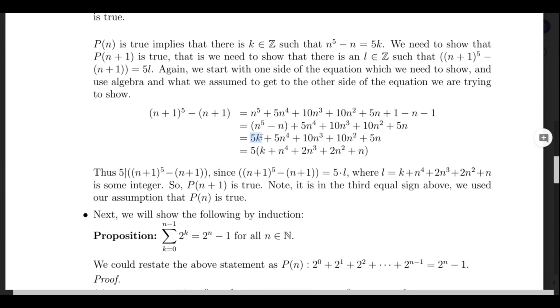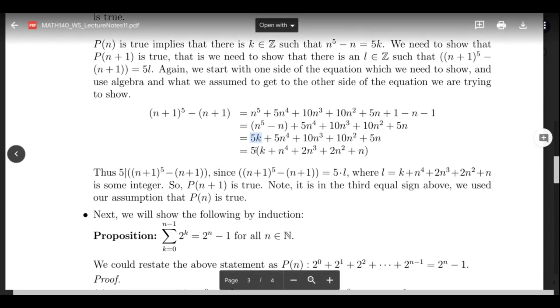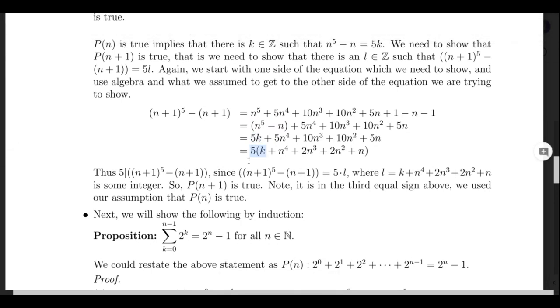So now we see 5 is the coefficient of every term. That means we can factor out 5. We factor out 5, then we have 5 times some integer. Because k is an integer, n is an integer, so every term is an integer, adds up, still an integer. So that means 5 is a factor of this term. That means 5 divides this term.